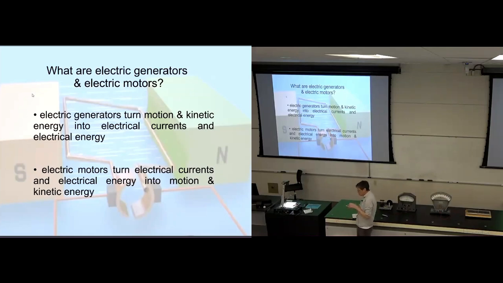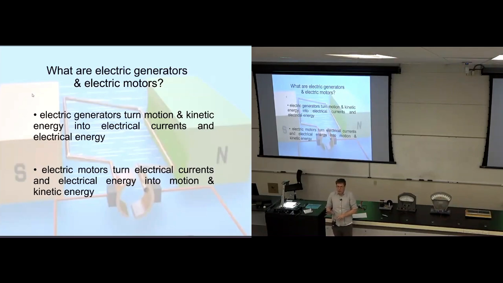Electrical generators turn motion, kinetic energy, into electrical energy, the motion of electrons along a wire. That's what an electrical generator is. It's something that transforms energy from one form to another, from bulk motion, kinetic energy, into electrical currents, electrical energy in wires.